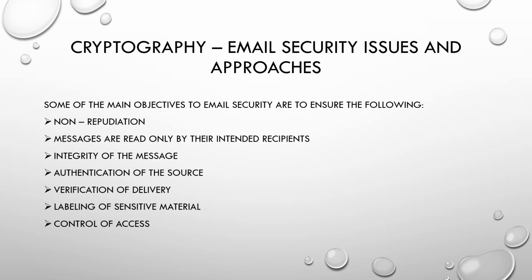For example, if a message is being sent to recipient A, recipient B should not receive the message or be able to read recipient A's message, right? Integrity of the message, authentication of the source, verification of delivery, labeling of sensitive material, and control of access. All of these points are key when dealing with email security and approaches.